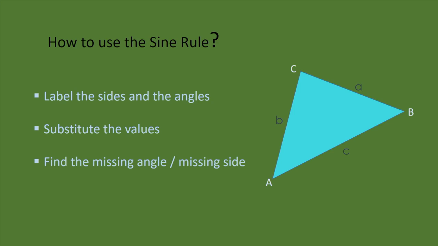Like we discussed, the opposites should have the same letter but in uppercase and lowercase. This is very important so that we don't get our question wrong. Secondly, we substitute the information that we know into the sine rule and find the missing angle or the side which they are asking for.